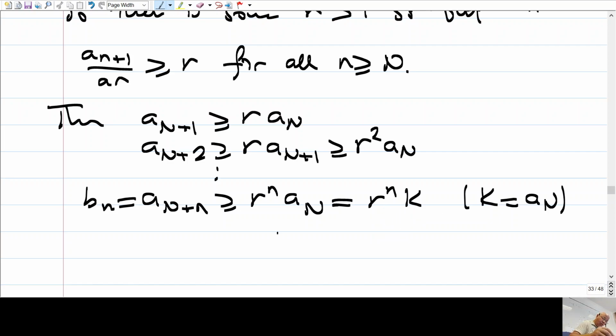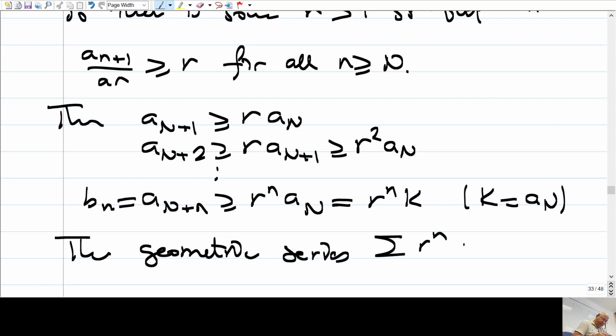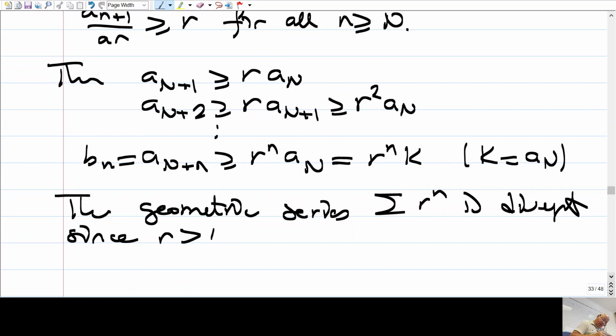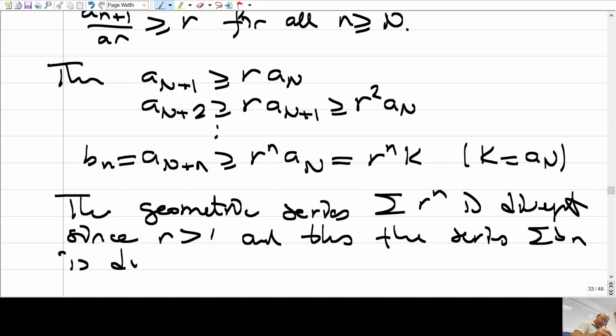Therefore, the geometric series r to the power k is divergent since r is larger than 1, and thus the series b_k is divergent by the comparison test.